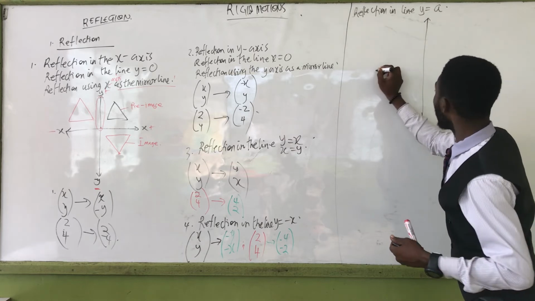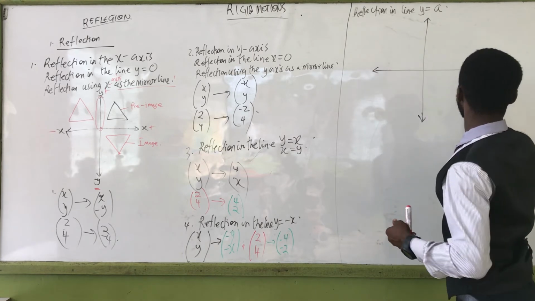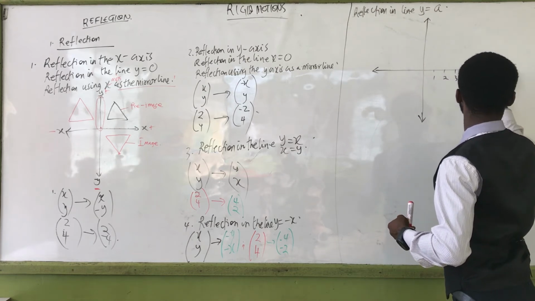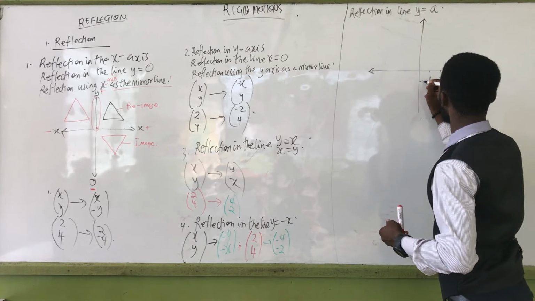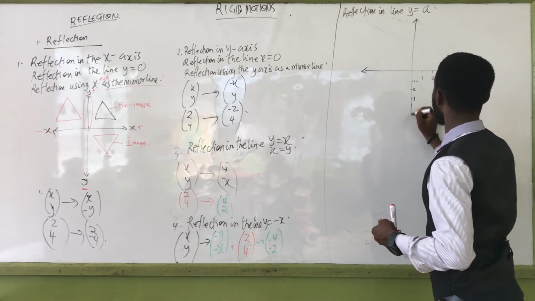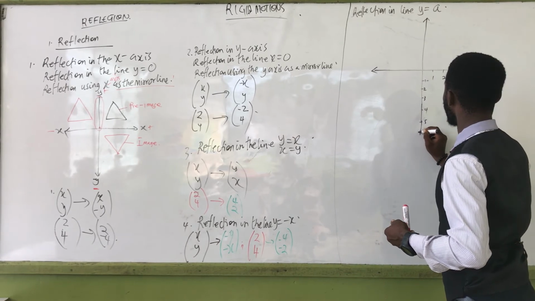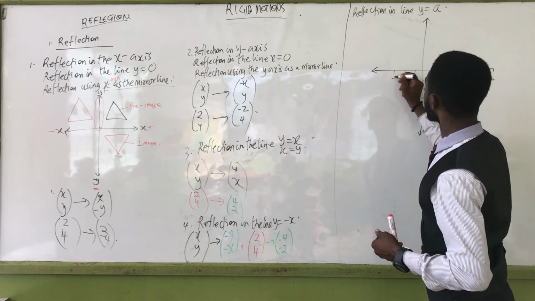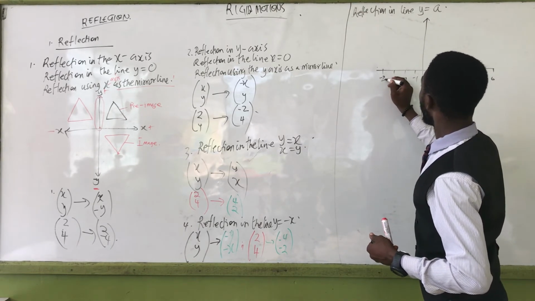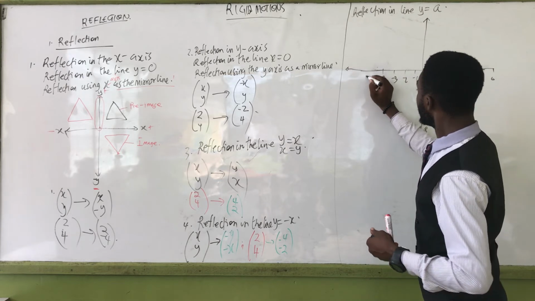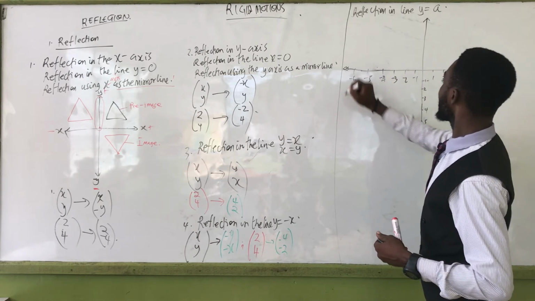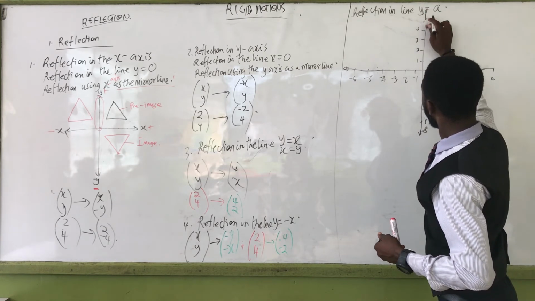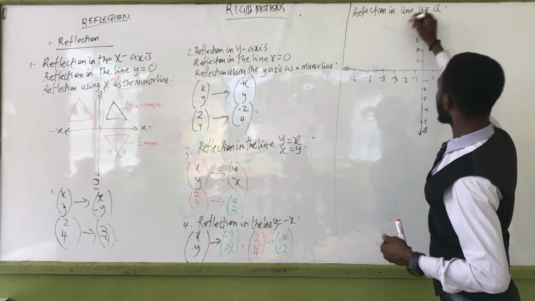Trying to draw something as fast as possible. Yeah, we have, let's say 1, 2, 3, 4, 5, 6, negative 1, negative 2, negative 3, negative 4, negative 5, and negative 6, and likewise on the other axis, 1, 2, 3, 4, 5, and then 6.